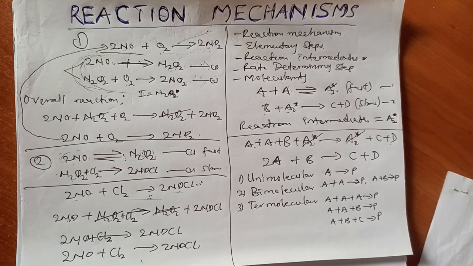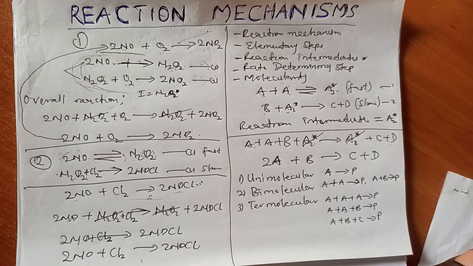I've also explained reaction intermediate: it is produced in the early part of the reaction, and as it is produced, it is then consumed in the later part of the reaction. I've also explained the rate determining step.